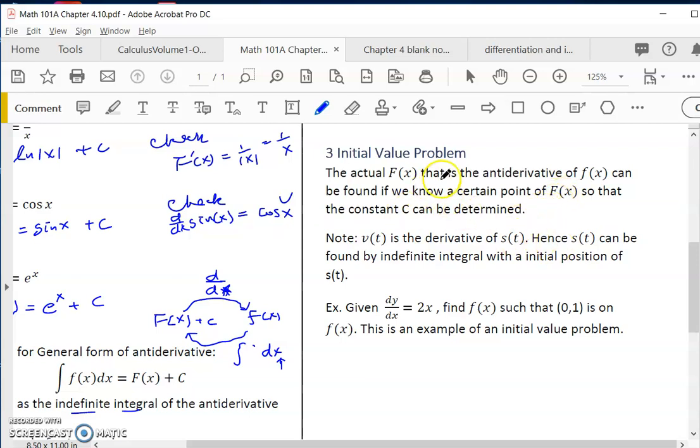We call this kind of problem an initial value problem, because very often the value that you give for the big F of x is an initial value, like when x is 0, what it is. Then you can use it to solve for c. So you no longer just have plus c, you actually know what c is.